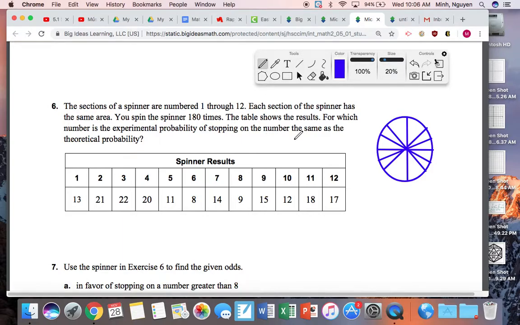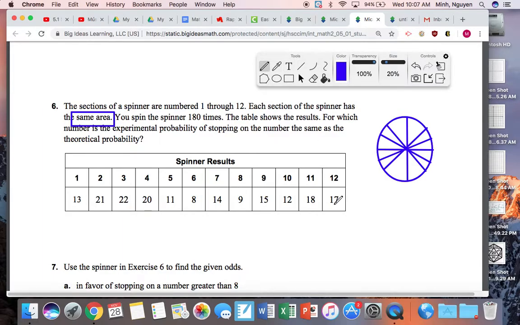The table shows the results. For which number is the experimental probability of stopping on the number the same as the theoretical probability? So the idea is that we're spinning something 180 times across 12 areas of the spinner, and if it has the same area, which my drawing does not, but this one does, then we expect it to land on each number the same amount of times, right?